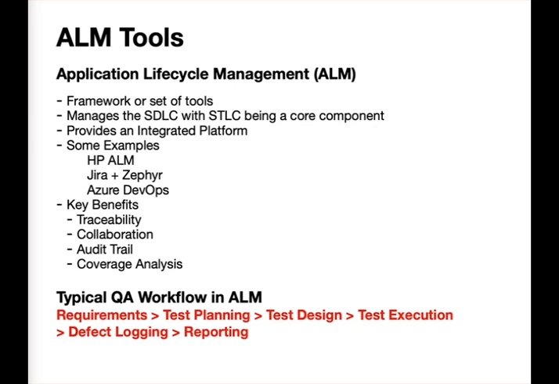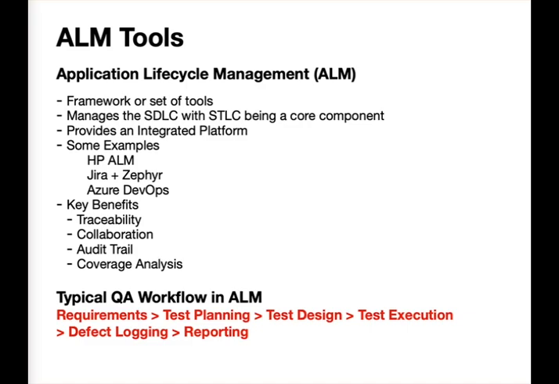The key benefits of ALM in QA, first would be traceability. So it links requirements, test cases, and defects in a very seamless way. So you can work with your requirements. You can have access to creating your test plans and test design, and defect management, which is your bug management, right?